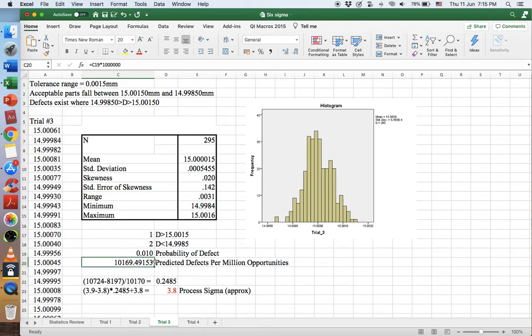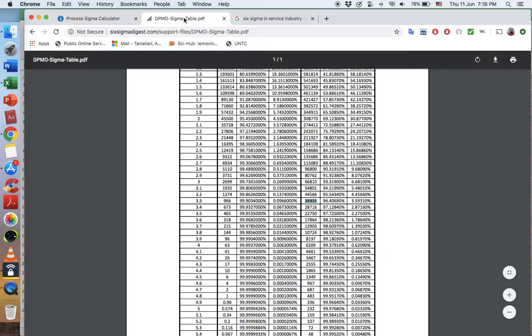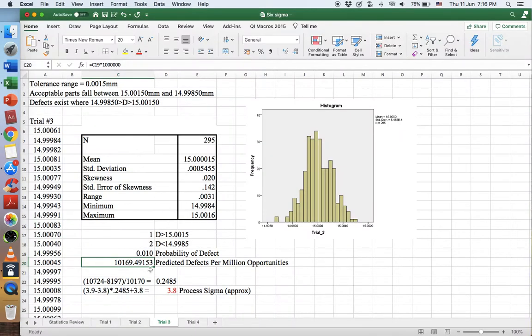And our number of predicted defects per million opportunities, opportunity means sample, or per million output, whatever, it's getting smaller. So we're at 10,169. We're going to go back to our Six Sigma table. 10,169 is between 3.8 and 3.9. We're still not even close. Right? We can do a little bit of rough calculation to see if we're at 3.8 or 3.9.